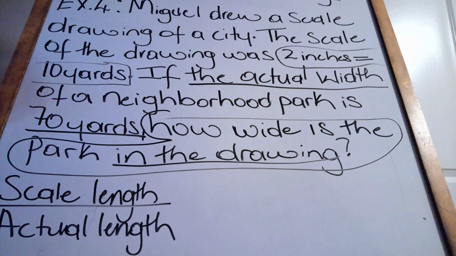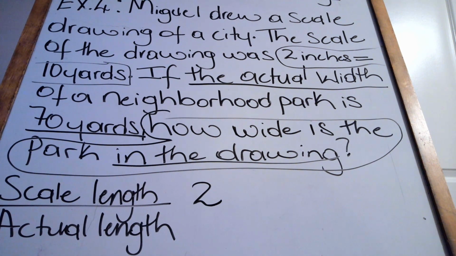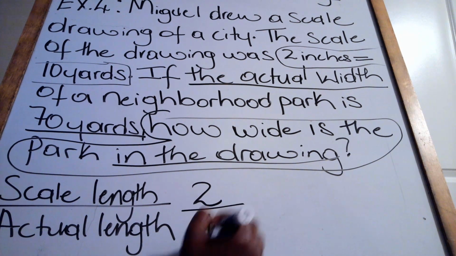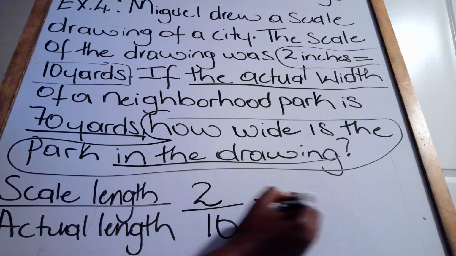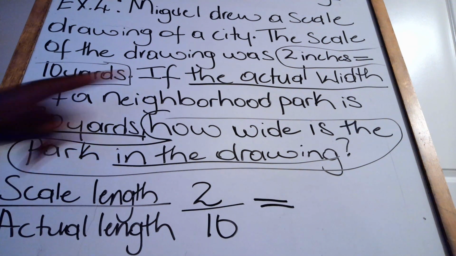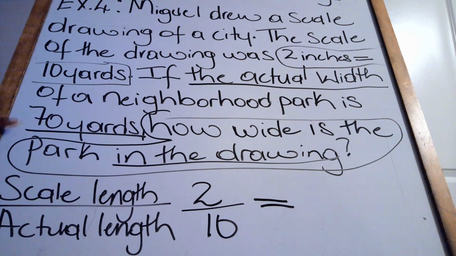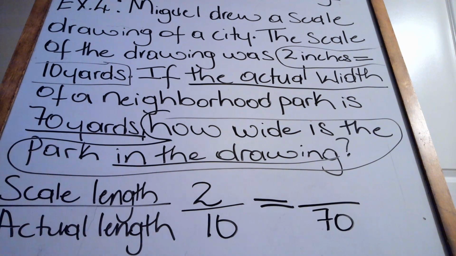First term in the scale goes in our numerator, the second term goes in our denominator. So we have 2 over 10. We are going to write it as a proportion. The actual width of the neighborhood park is 70 yards. Where does actual go? Actual goes in the denominator. So 70 is going to be in our denominator.